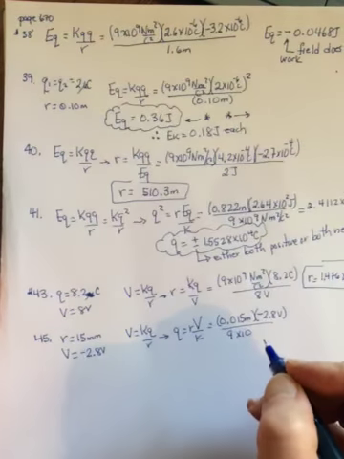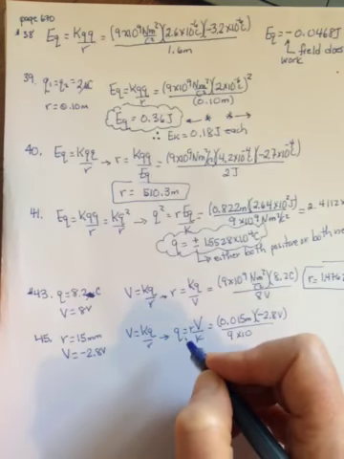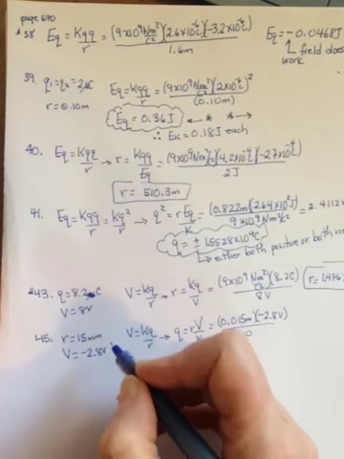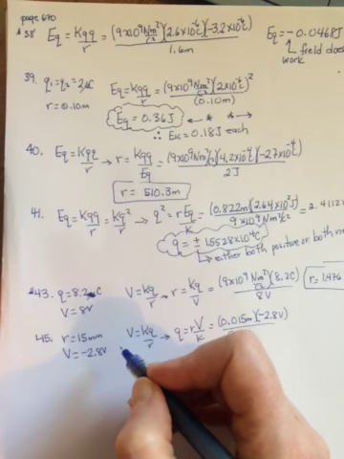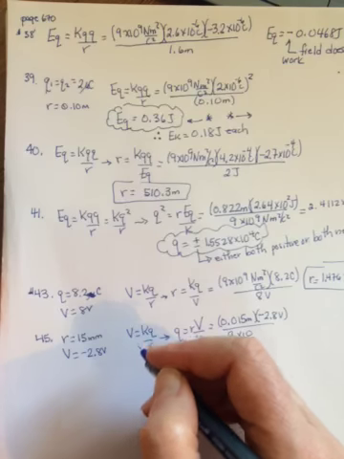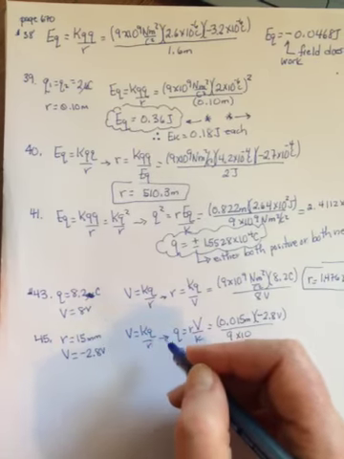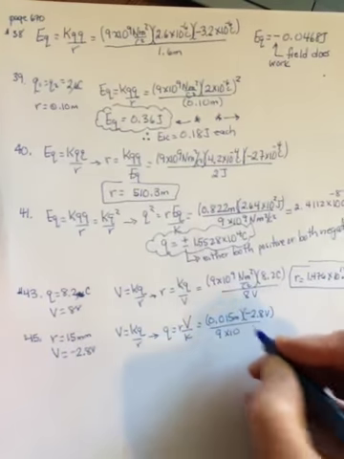Okay, so the end of number 45 on page 678, we were finding the charge, the magnitude and sign of the charge, that would cause an electric potential difference to be negative 2.8, 15 millimeters away from the source.